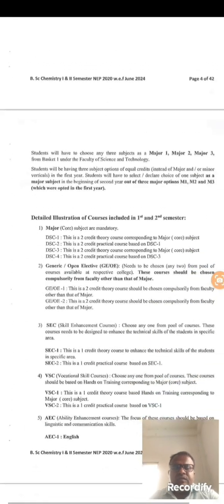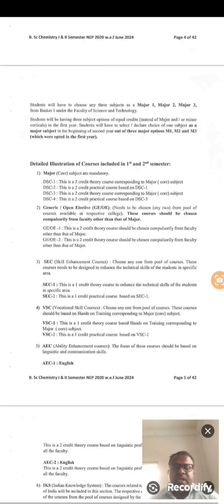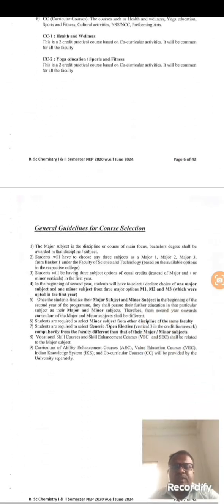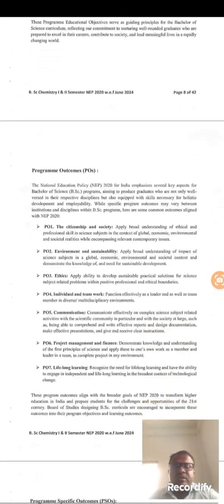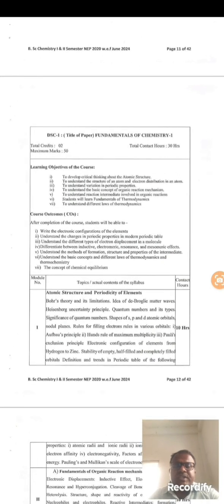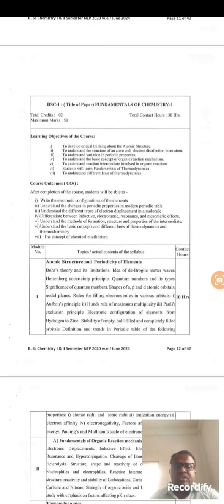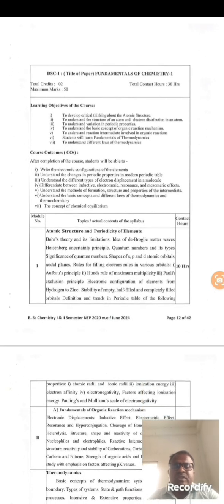Then firstly we discuss the syllabus of BSc first year. The first paper, DSC first, has the title Fundamental of Chemistry first. This paper is for 50 marks.